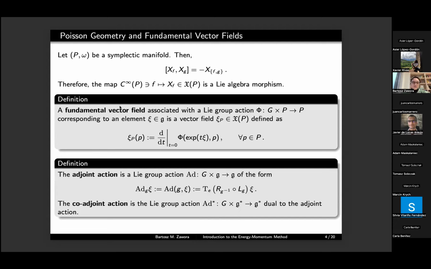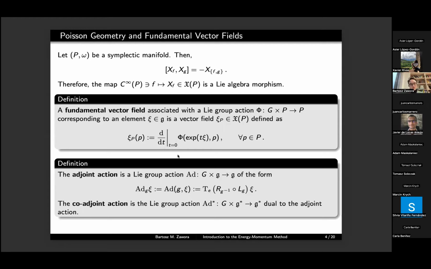The fundamental vector field is defined as d over dt at t equals 0 of the Lie group action, where in the first argument we have the exponential map of t xi, where xi is an element of the Lie algebra, applied to some point p in the manifold. Again, these are the vector fields that are tangent to the orbits generated by a Lie group G.